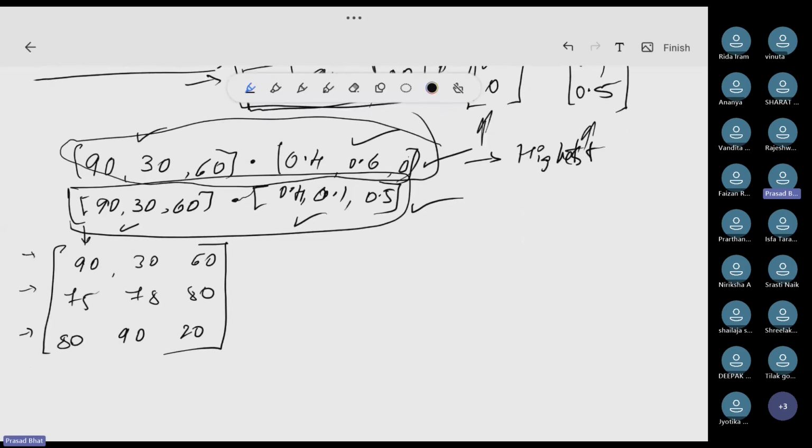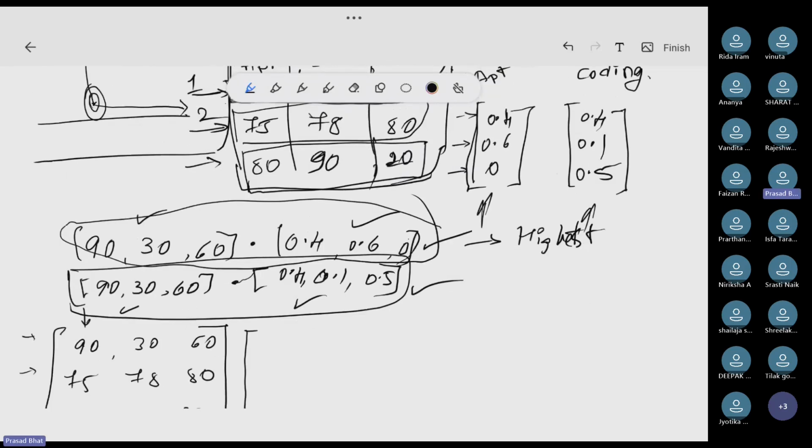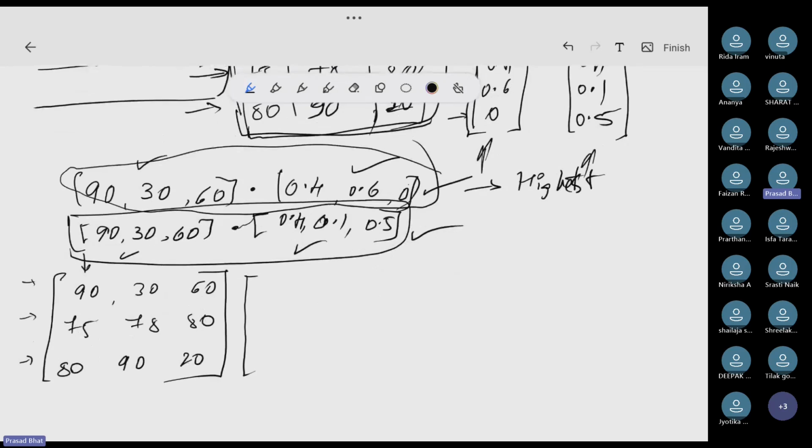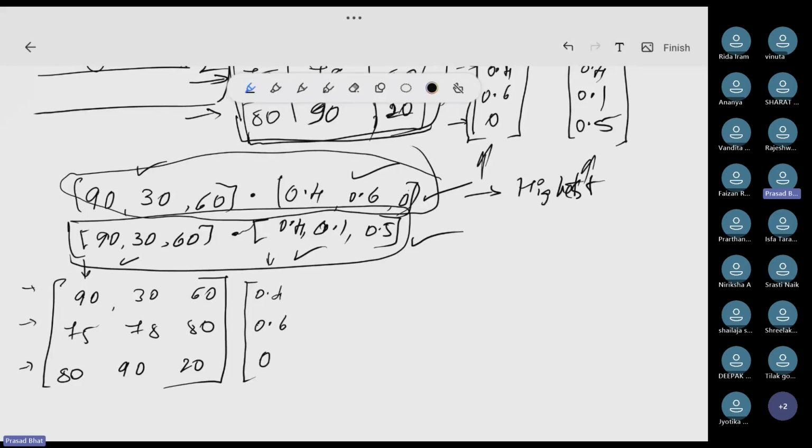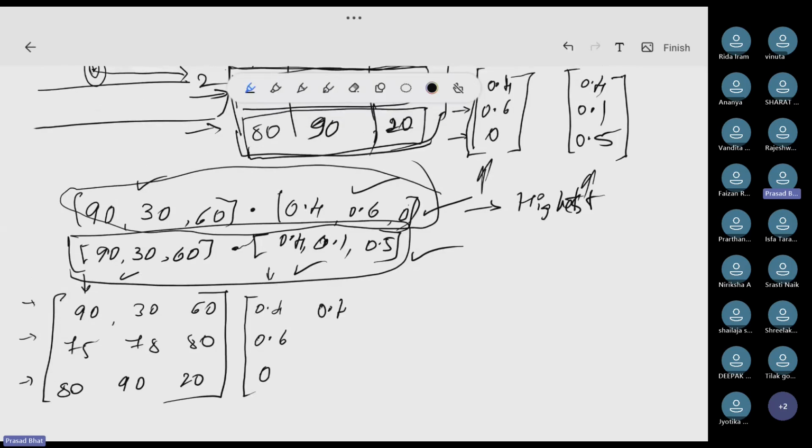And these attributes have to be matched with the criteria that the company has set up. So for the first company, the sales company, I will put 0.4, 0.6, 0. For the second company, I will make the second column 0.4, 0.1, 0.5.